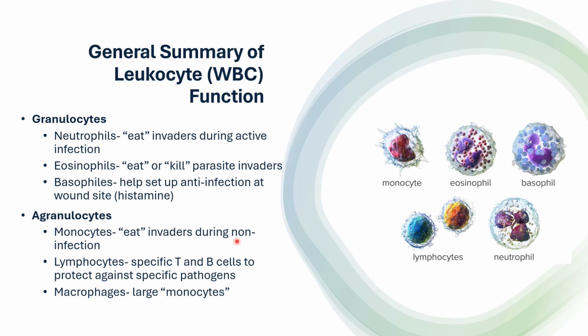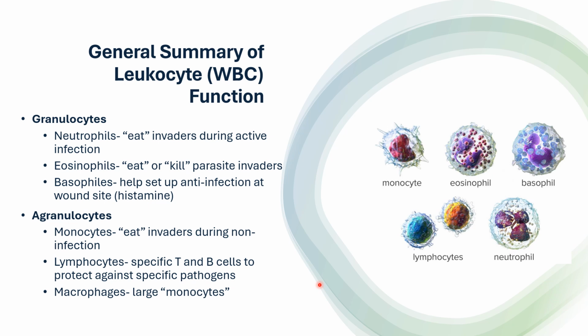Some of these are going to be involved in memory for when that invader comes into the body again. You're going to have a memory of, oh, got to get rid of it. It's going to cause an infection. We recognize it, target it, and kill it, and that's the T and B cells, so that you're not going to have to worry about getting reinfected by something that your body already recognizes.